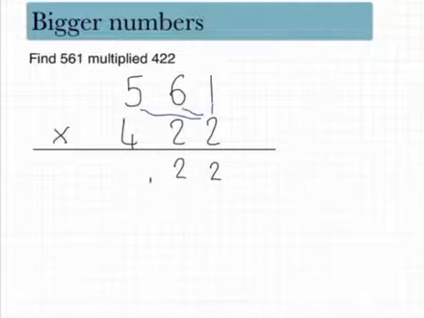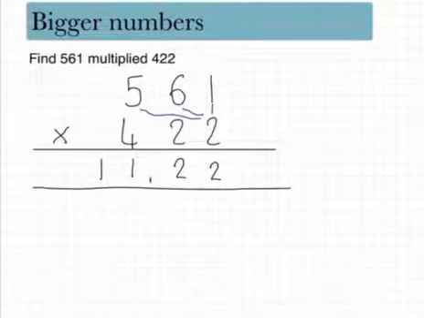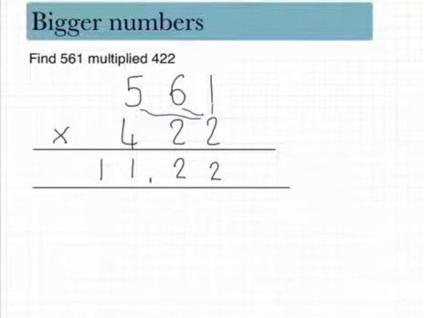And then 2 times 5 is 10, isn't it? But we carried a 1, so it should actually be 11. Now this is a 2-digit number, but because it comes at the start, it's okay to just put the full 11 down. Then we're going to draw a line underneath that to show that we're moving on to the next 2 in our bottom number.